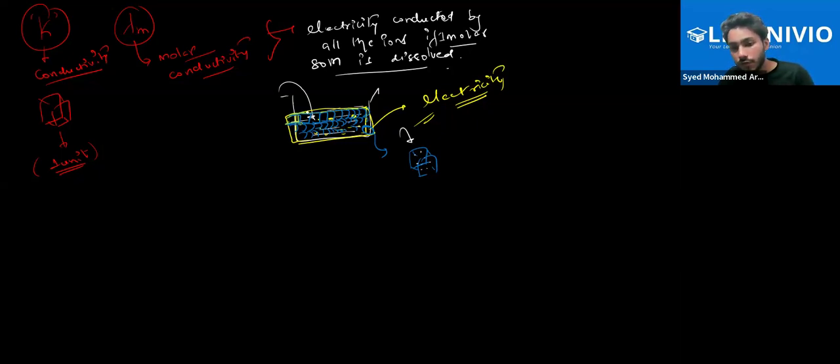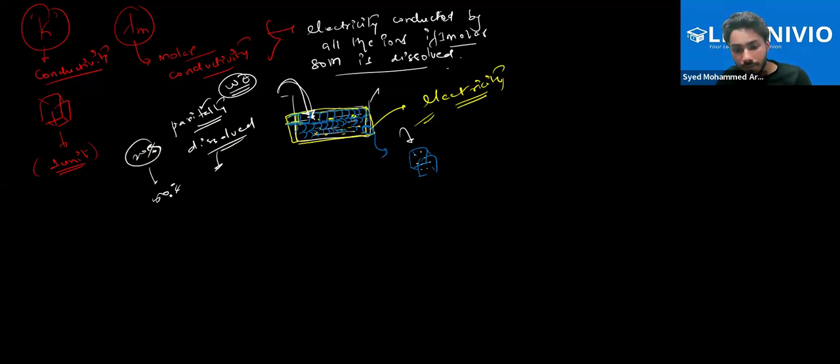So what is happening with this volume? If you dilute the solution, and it is a weak electrolyte, that means the weak electrolyte is partially dissociated. So on dilution, more dissociation happens. If 20% is dissociated, after dilution it will become 50%.